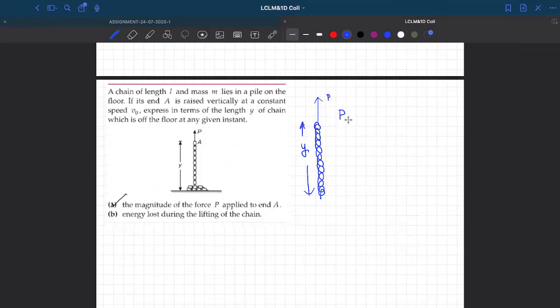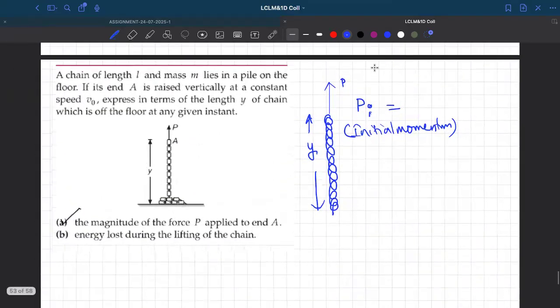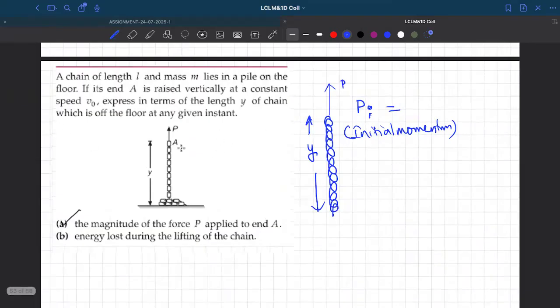So the initial momentum, I'll take lambda as mass per unit length.